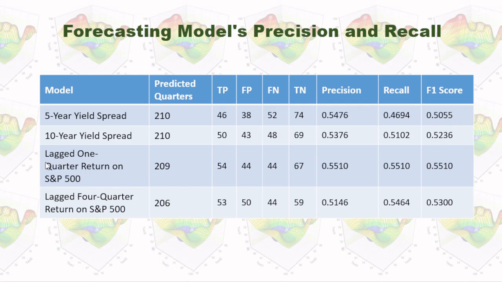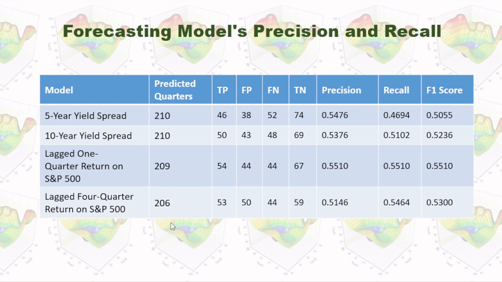And for the lagged 1 quarter return or 4 quarter return on S&P 500, we got F1 scores of 0.5510 and 0.5300 respectively.